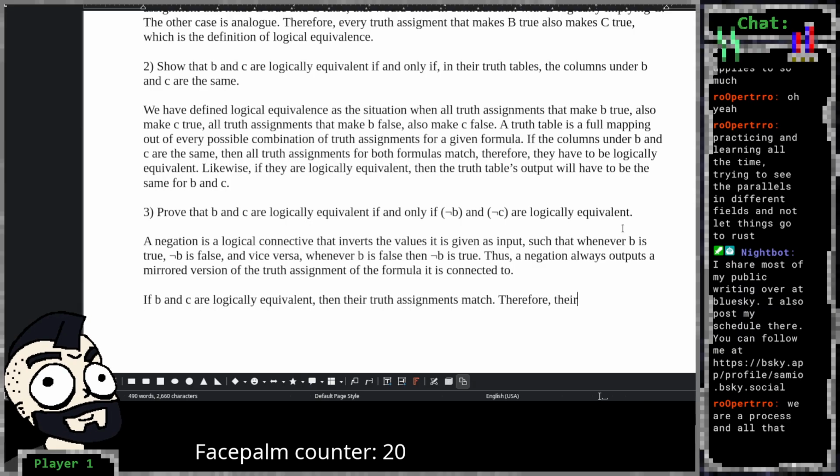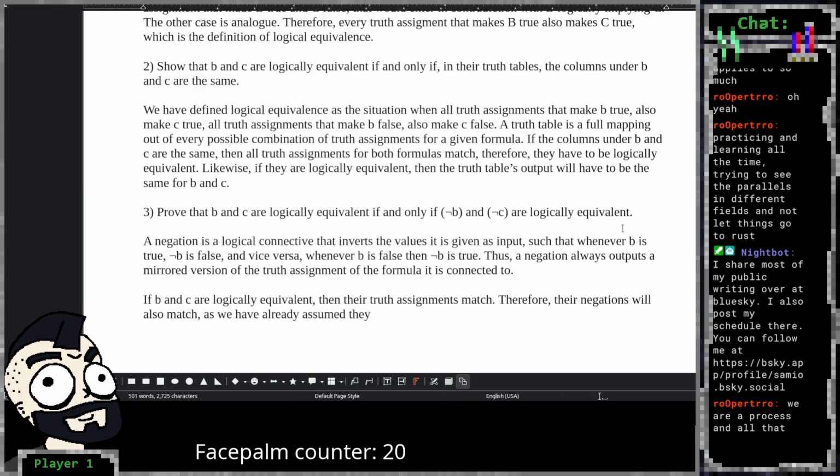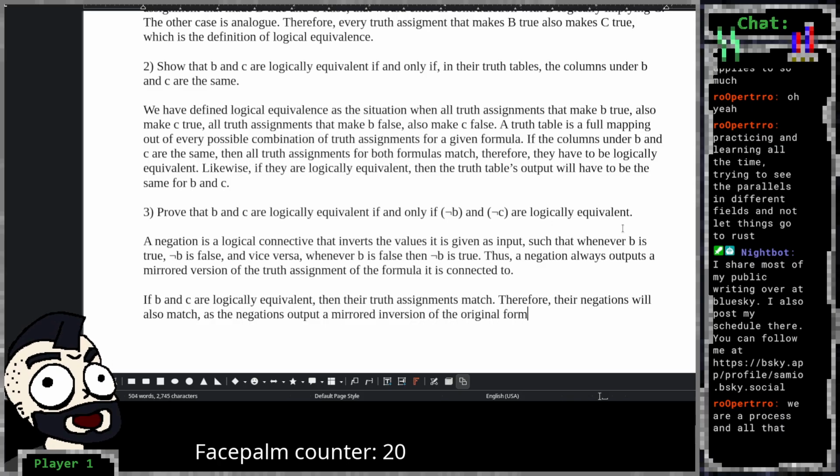Therefore, their negations will also match, as the negations are mere inversions. Now the negations output a mirrored inversion of the original formulas.